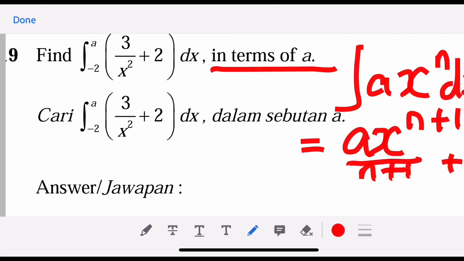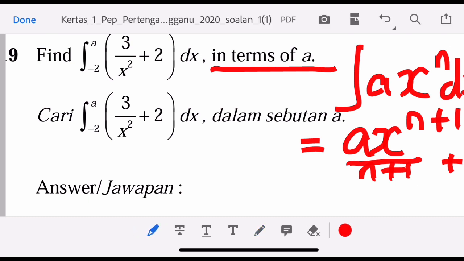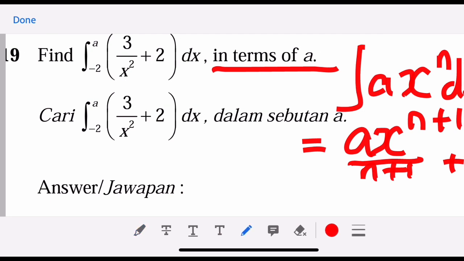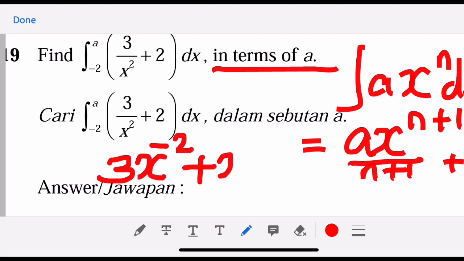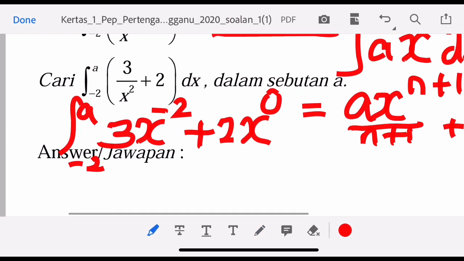So alright, I'm going to express in power form. We call it power form so that we can see the Ax^n. Power raised up -2 plus 2, right? Because we need to make sure we have the 2x^0, and x^0 is actually 1. Understand? Anything to the power of 0 will be equal to 1.